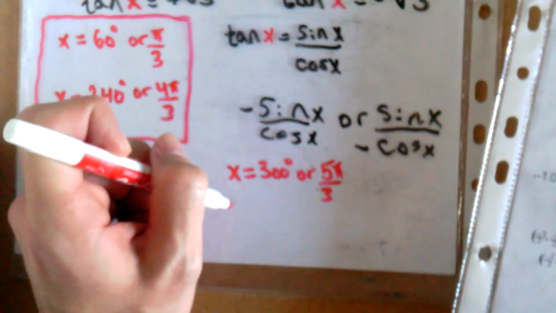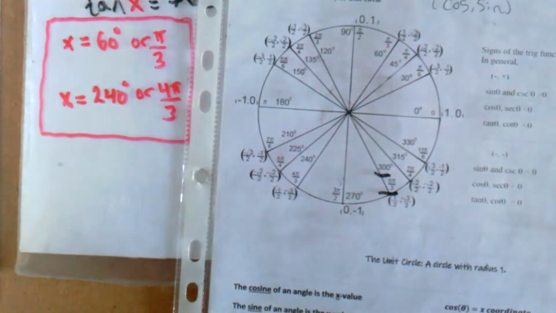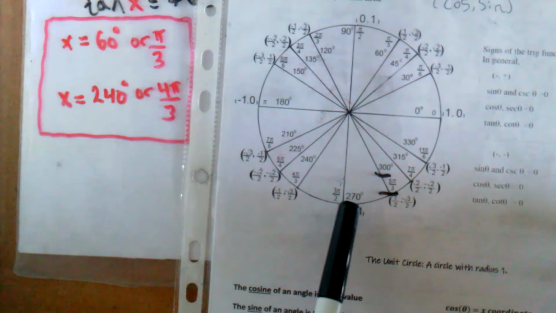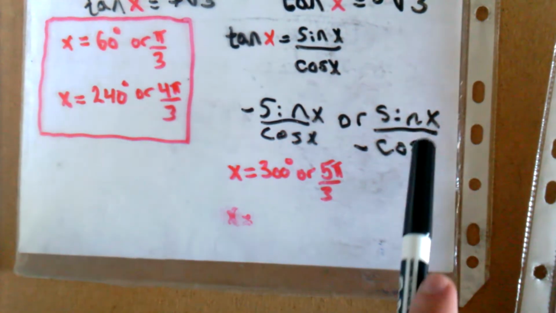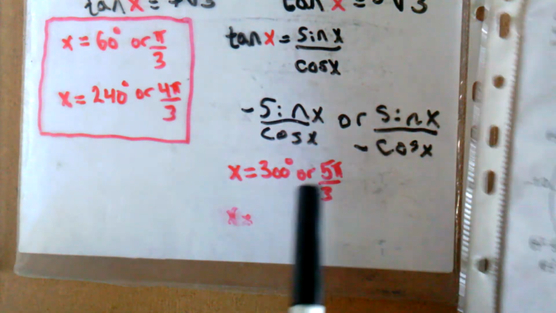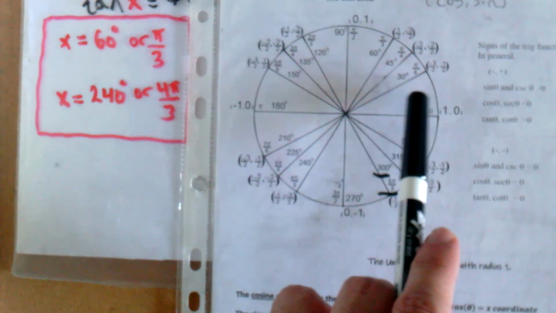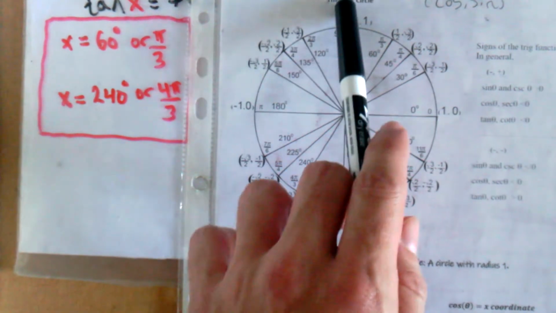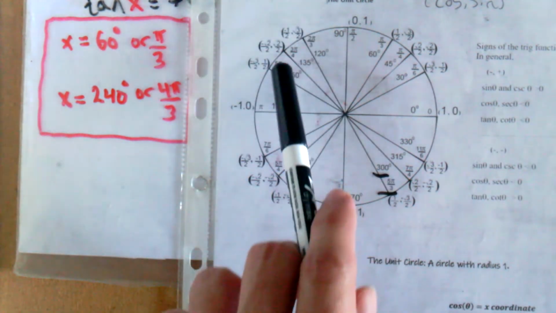Okay. Now similarly, we can find the same combination somewhere else in the unit circle. So where will sine be positive and cosine be negative? We know that sine is positive in the upper half of the unit circle, and we know that cosine is negative as we go to the left. That tells us we must be in quadrant 2, because sine is positive and cosine is negative only in quadrant 2.